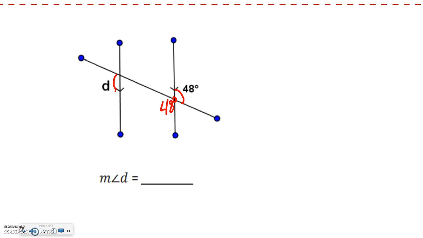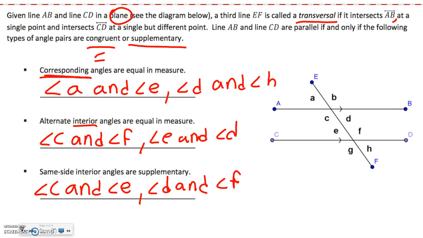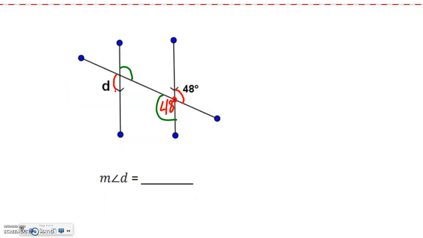What do we know about this one and this one? Those are alternate interior angles. Since they're alternate interior, they are equal. So this is also 48 degrees.